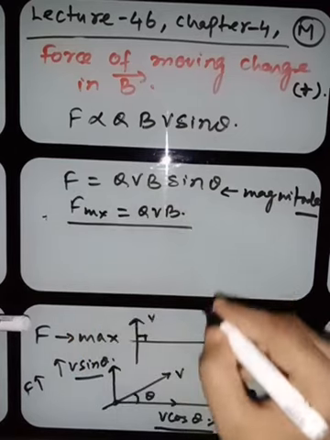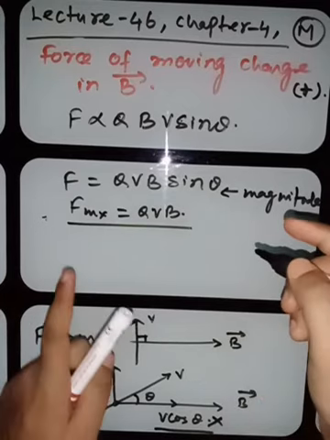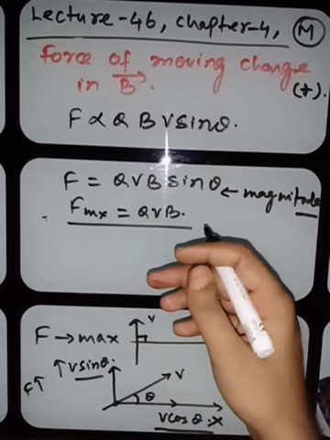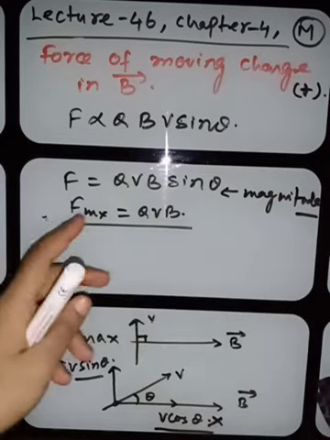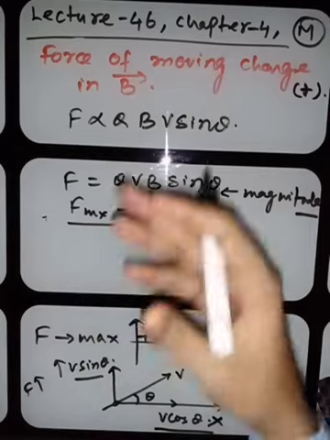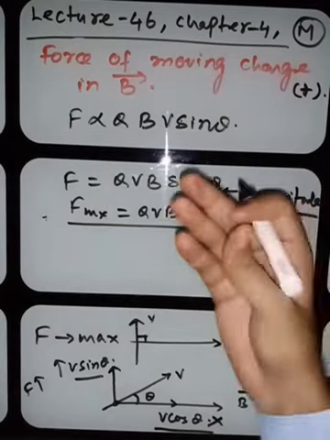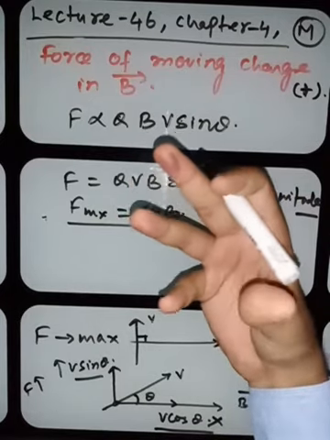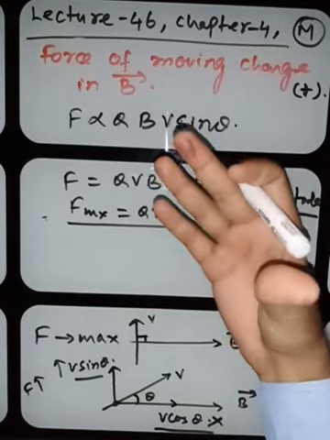It means if you project this charged particle perpendicular to the magnetic field, that charged particle will experience maximum force. If you project that charged particle parallel to the magnetic field, what will happen? You will find zero force. The charge will not experience any force, my dear student.